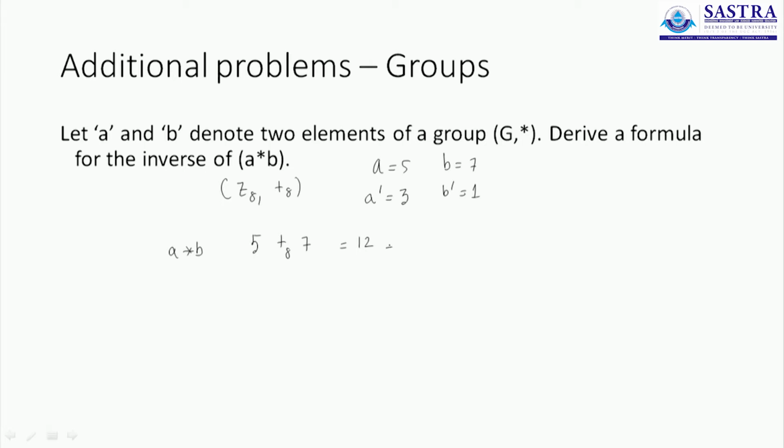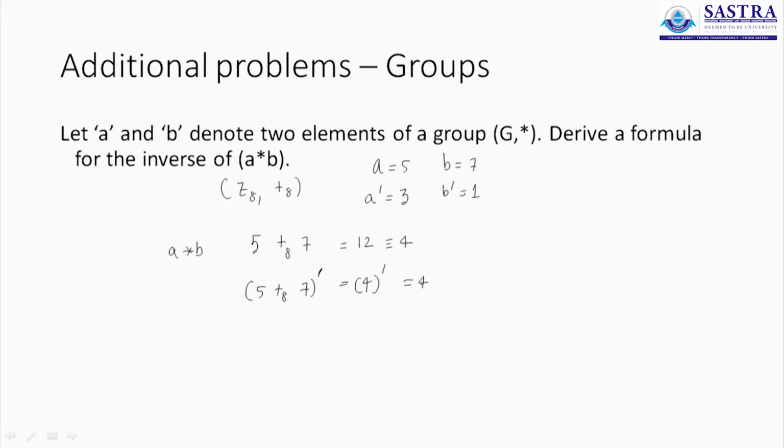So that's going to be equivalent to 4 because 4 is the remainder when 12 is divided by 8. So 5 and 7 is actually giving me 4. So what is the inverse of 5 and 7? The inverse of 5 and 7 is the inverse of 4, and in this group 4 is its own inverse. So the answer we are looking for is 4.